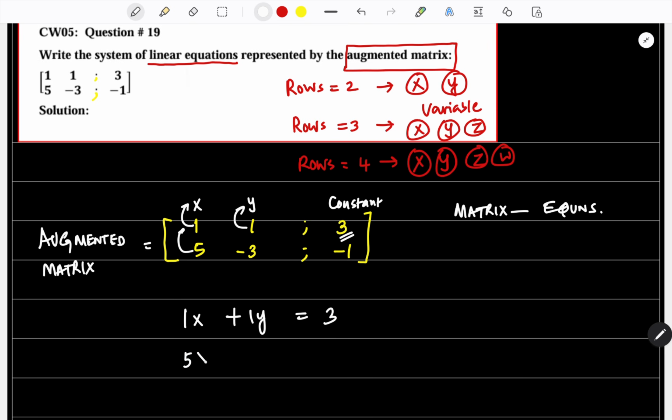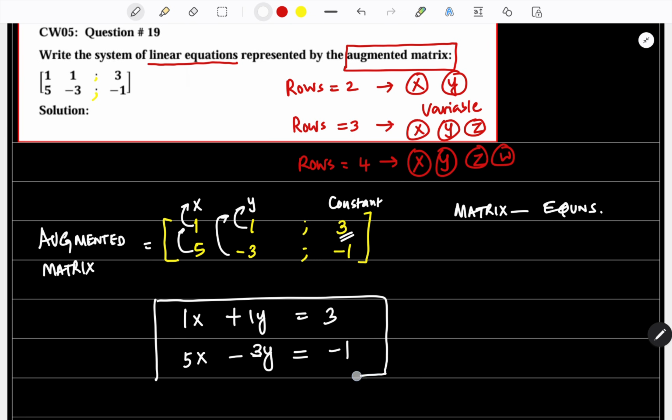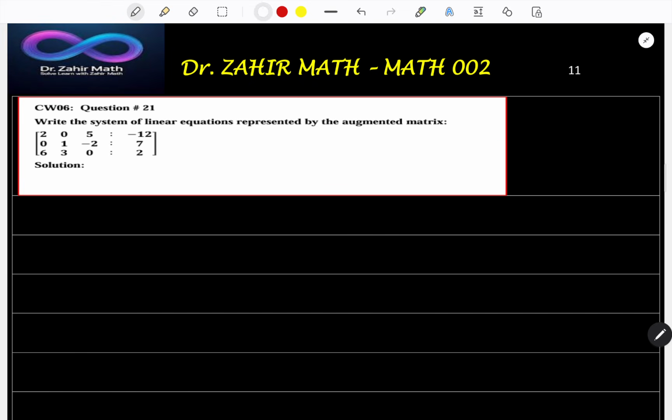Similarly, 5x and then minus 3y is equal to minus 1. So this is what we are going to write, augmented matrix to equation. Equation means x and y should be there. So that is called equations. Okay, right. Let's go to the next one.